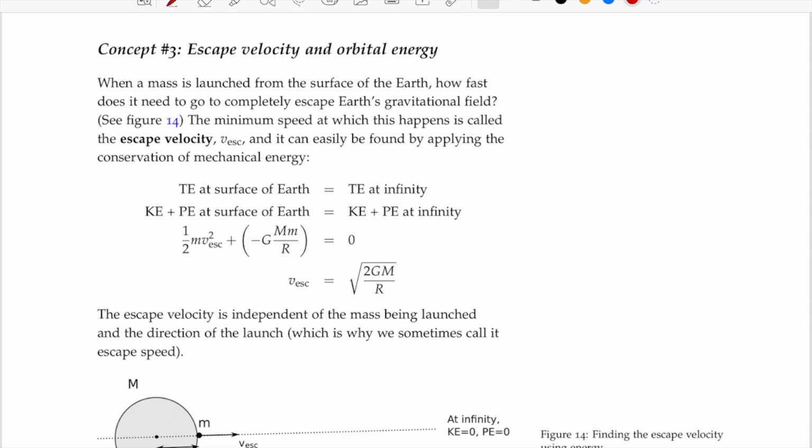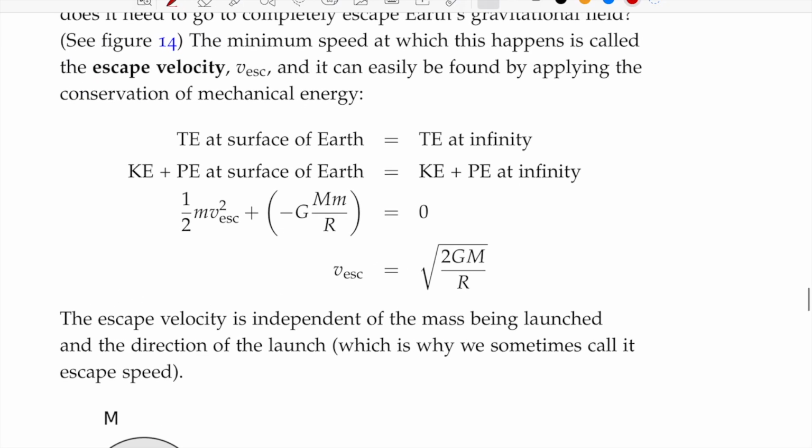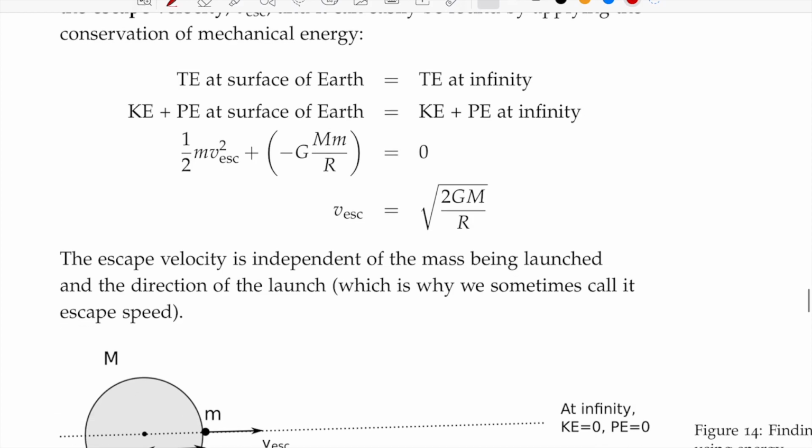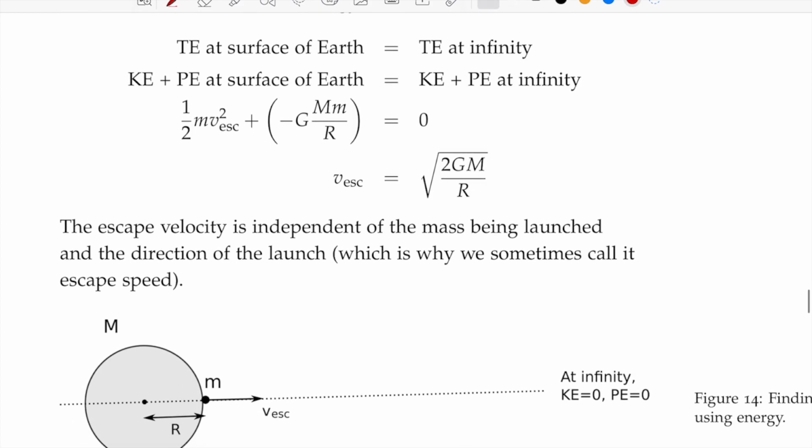The total mechanical energy at infinity is 0: potential energy 0, kinetic energy 0. And then we just use energy conservation. Write down half m v escape squared plus the potential energy function, which is negative, has to equal 0, and you can rearrange that to get the escape velocity, root 2GM over r.